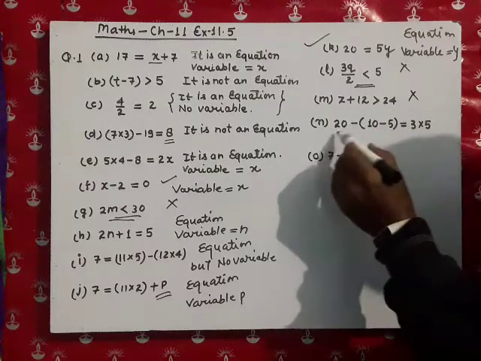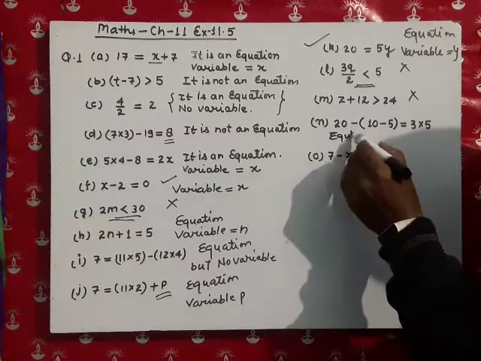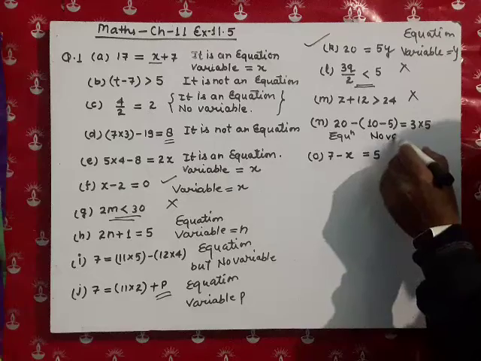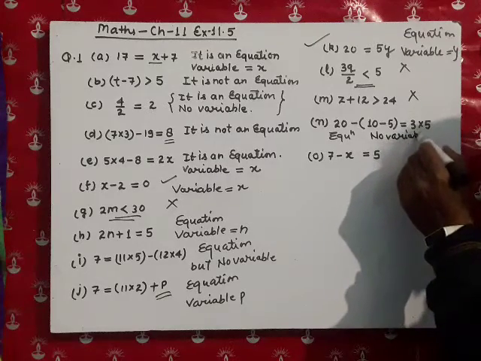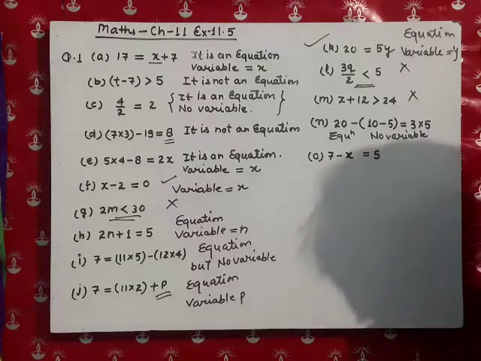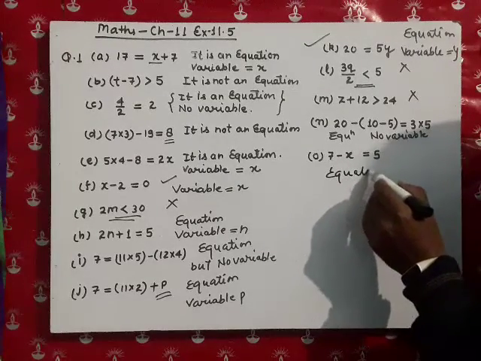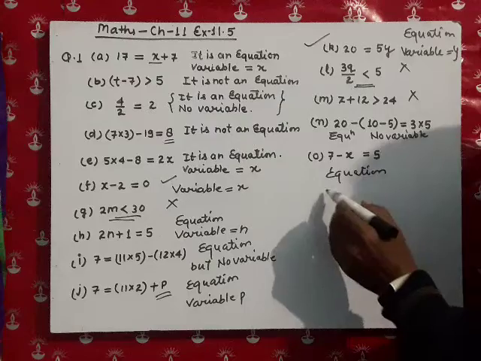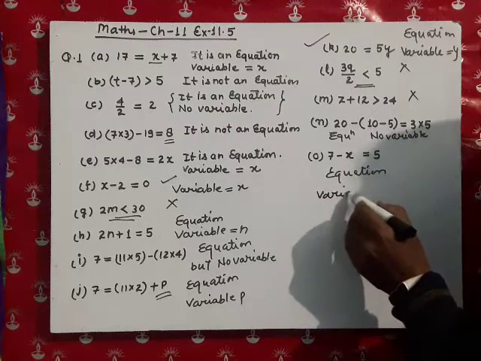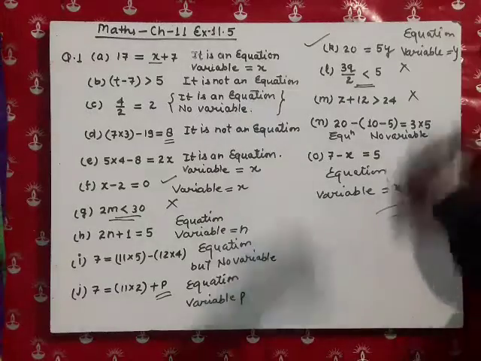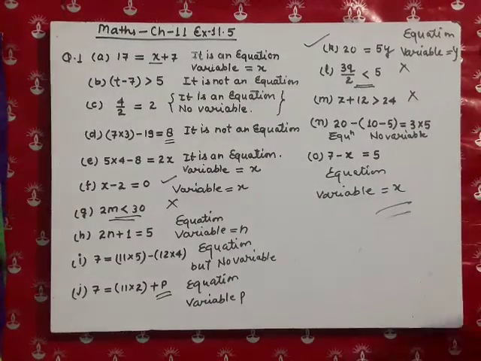This one is an equation, and here no variable. Equation with no variable. Here it is an equation and variable. So this is the solution of the first question given in your book.